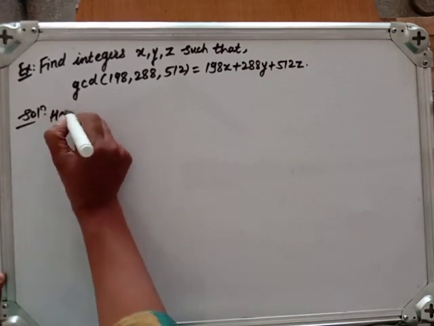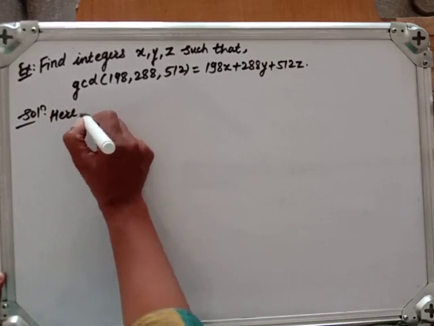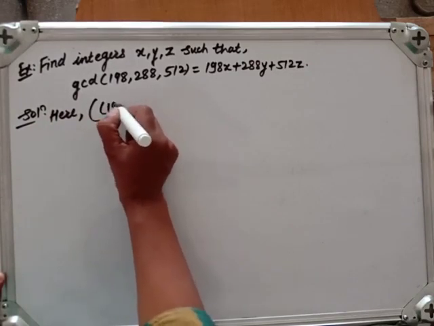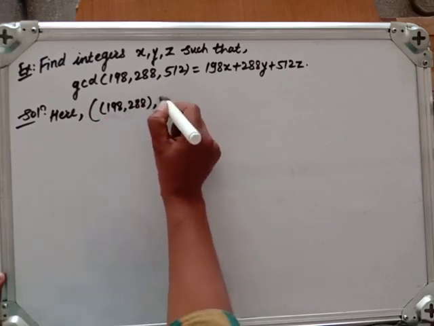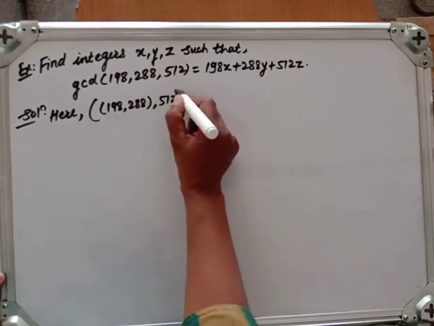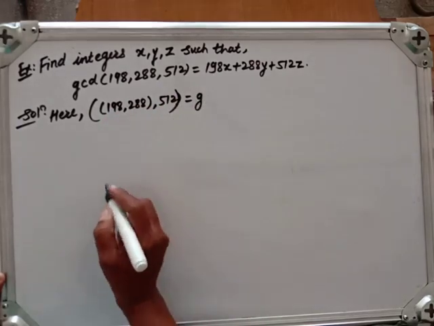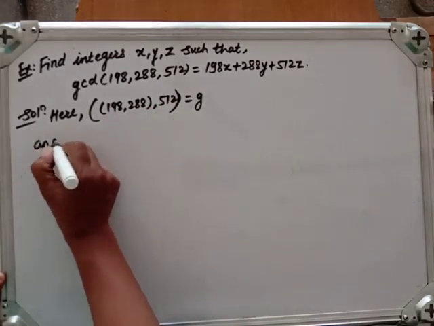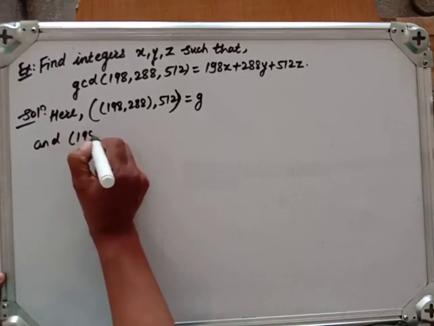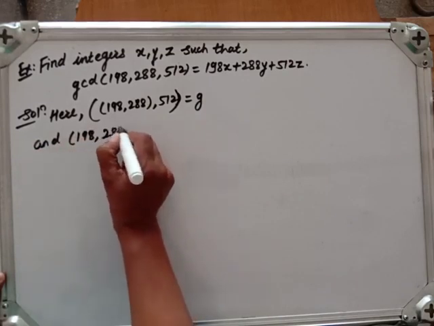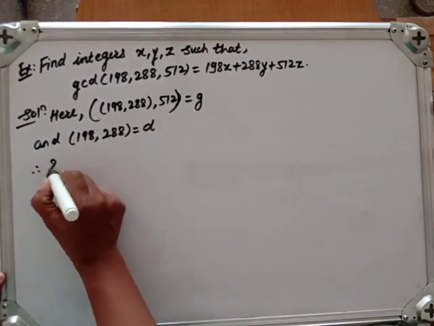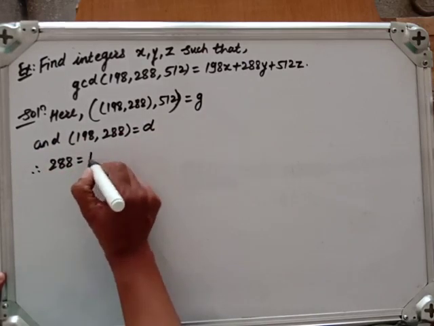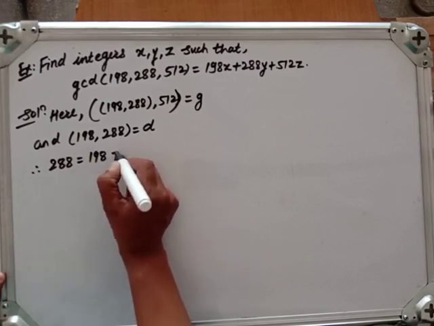Here the GCD of 198, 288 and 512 is suppose G, and the GCD of 198 and 288 is suppose D. Therefore 288 is equal to 198 into 1 plus 90.